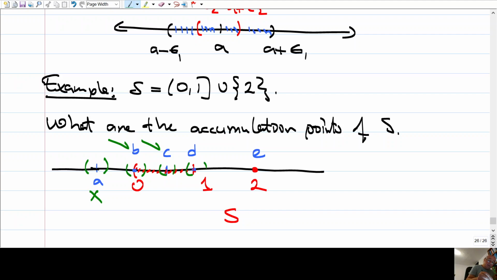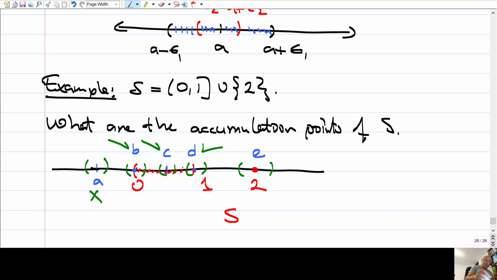Similarly, if I draw any interval here, it will contain infinitely many elements from S. What about E?